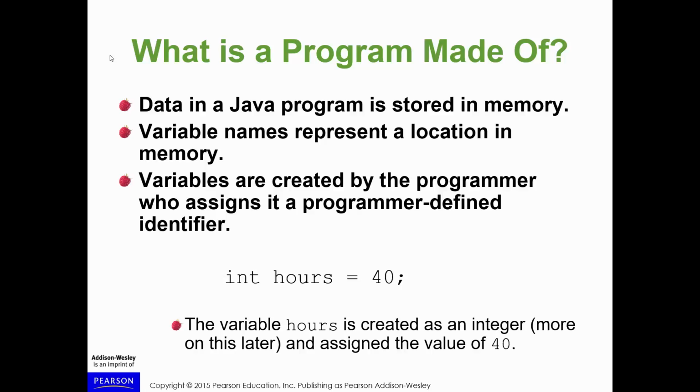Data in a Java program is stored in memory. We already talked about main memory before. Variable names are used to represent a location or an address in main memory. Variables are created by the programmer. Okay, we already went over this.